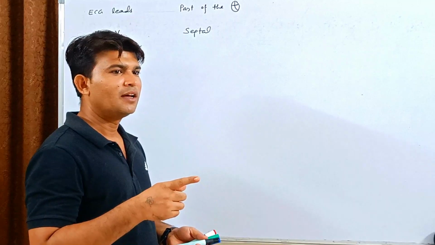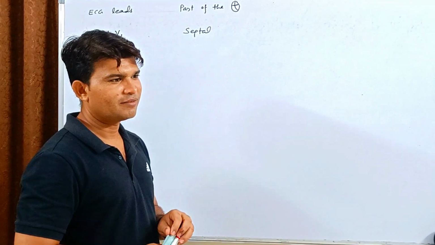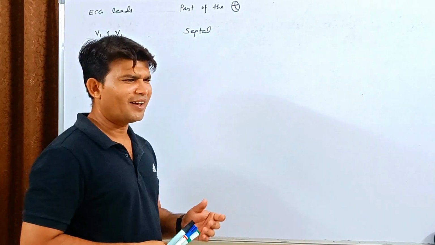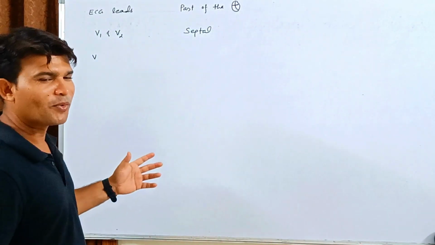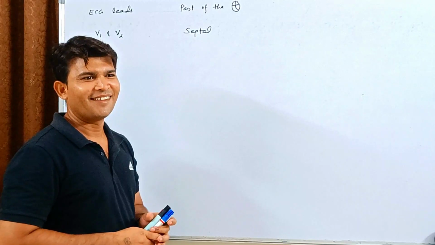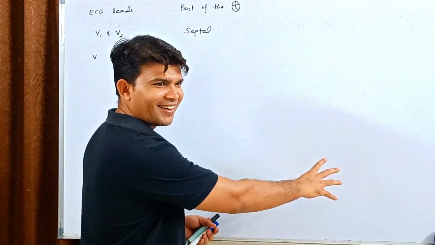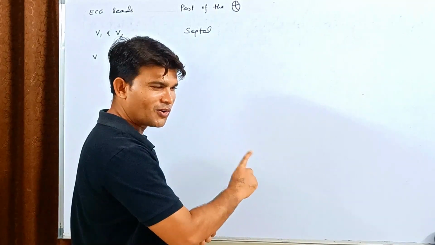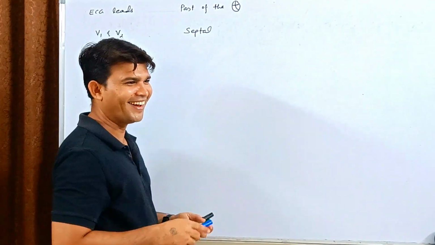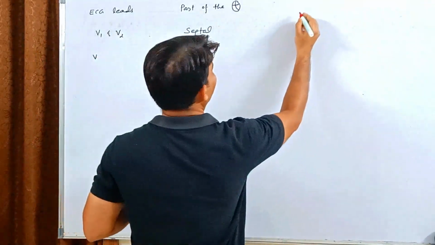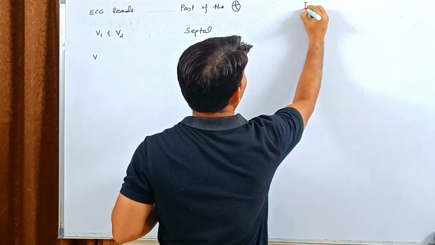Proximal LCA. We have proximal LAD. Should I draw the diagram here again? So this is the involved artery.